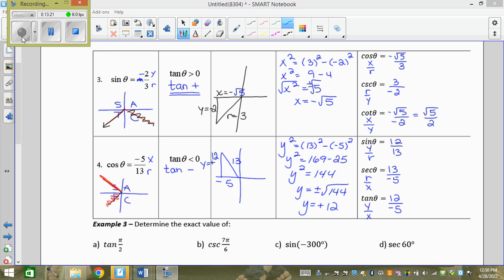Just 4 questions. Page 202, number 12. 4 questions. I'll give you till 1:05.